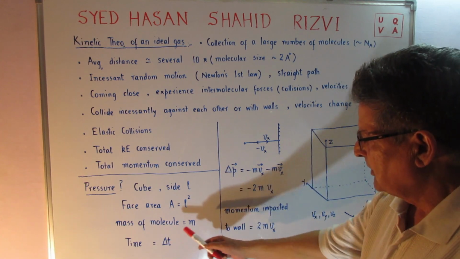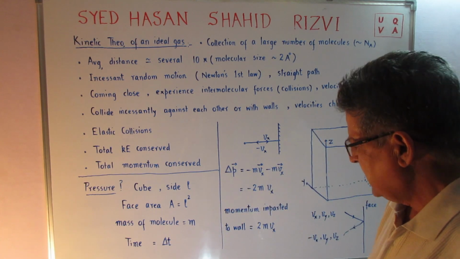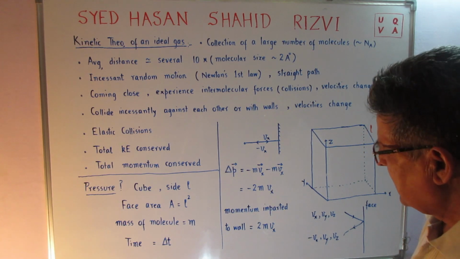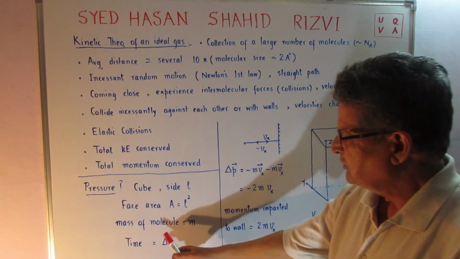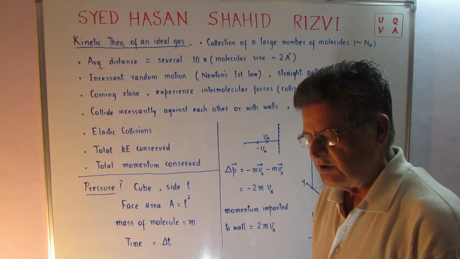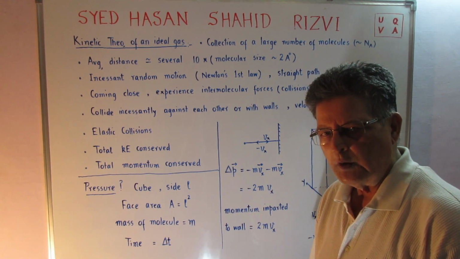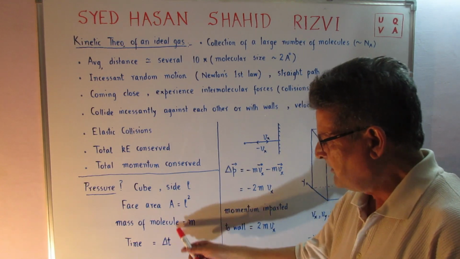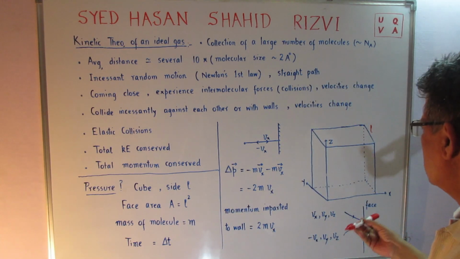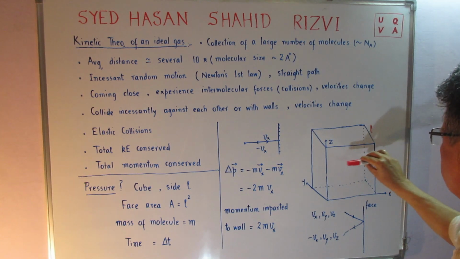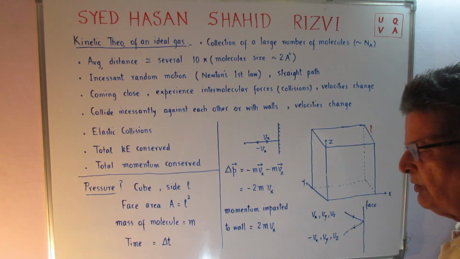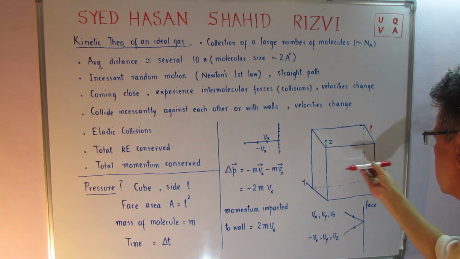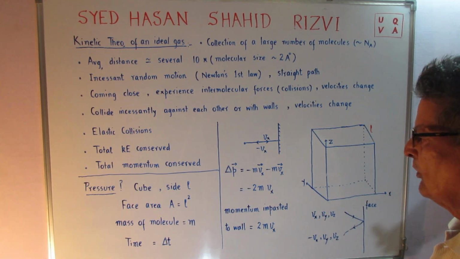We take the mass of the molecule to be equal to m, and there is a small amount of time in which we consider the interaction of these molecules with the walls of the container. In this small interval of time, some of them may be heading towards the wall, while others may come away from the wall.